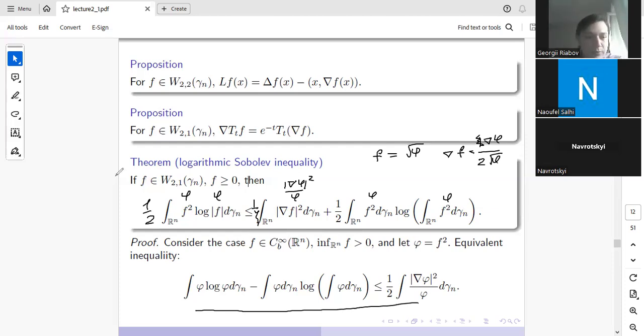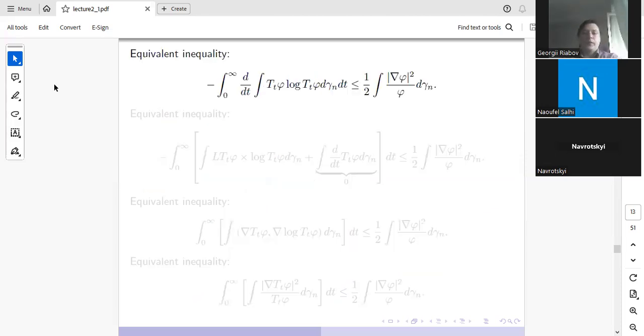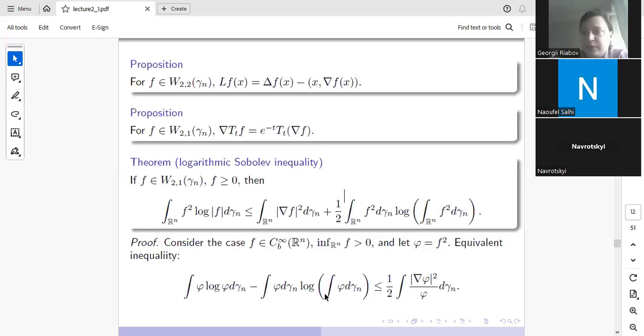And now use this argument with the representation of this difference as the value of some function at 0 minus the value at infinity.